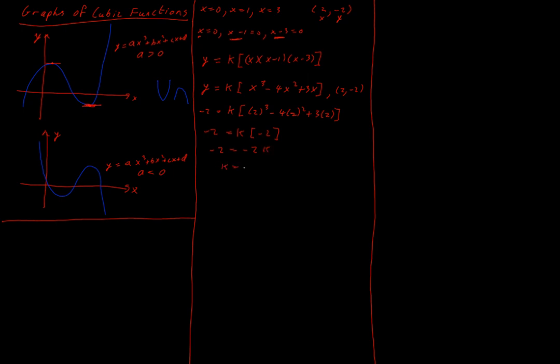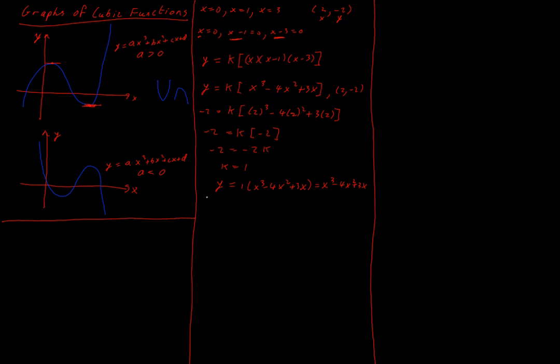Therefore, k is going to be equal to 1. That means that the equation I am looking for is going to be 1 multiplied by x cubed minus 4x squared plus 3x, which is equal to x cubed minus 4x squared plus 3x. That's my cubic equation that I'm looking for.